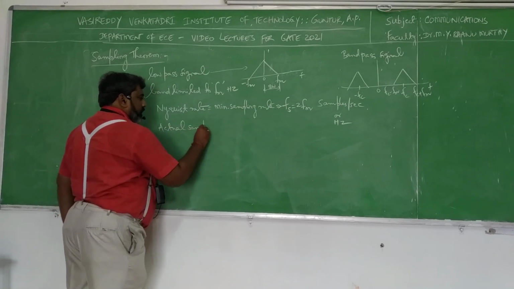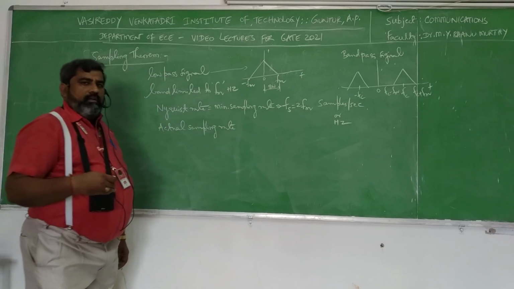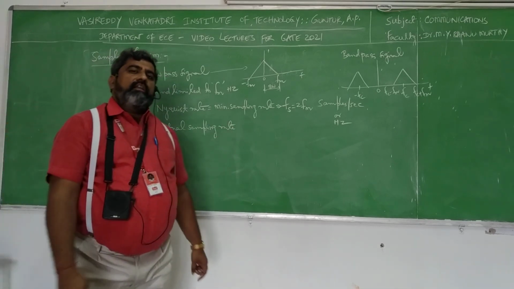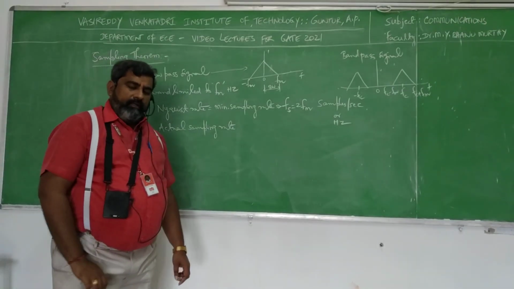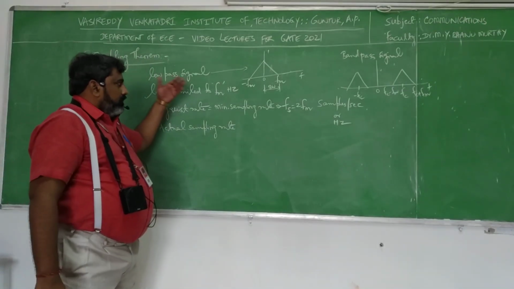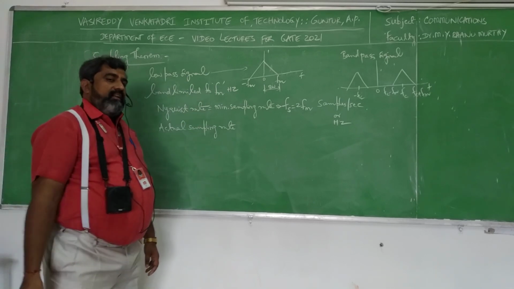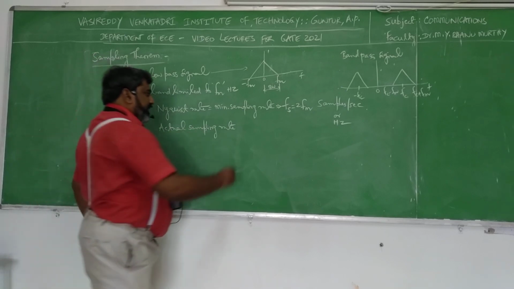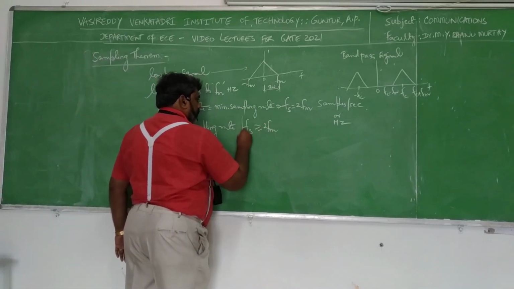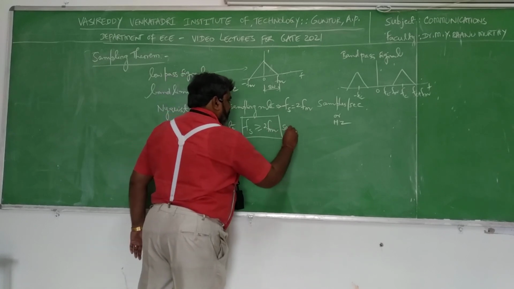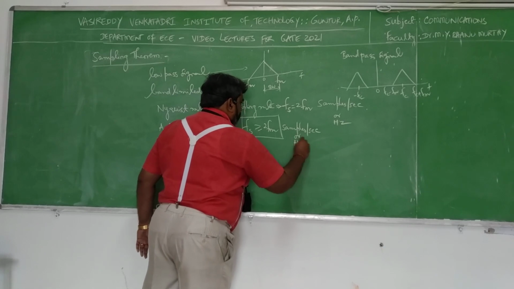If you go back into the video and observe the statement for the sampling theorem: the signal is sampled at a rate slightly higher than the Nyquist rate. So that means the actual sampling rate Fs should be greater than or equal to 2FM. Units are samples per second or hertz.